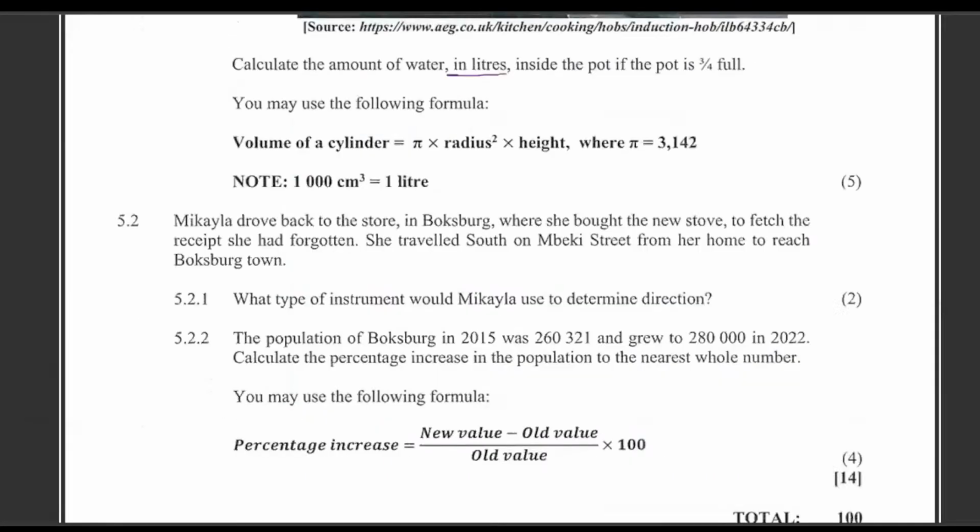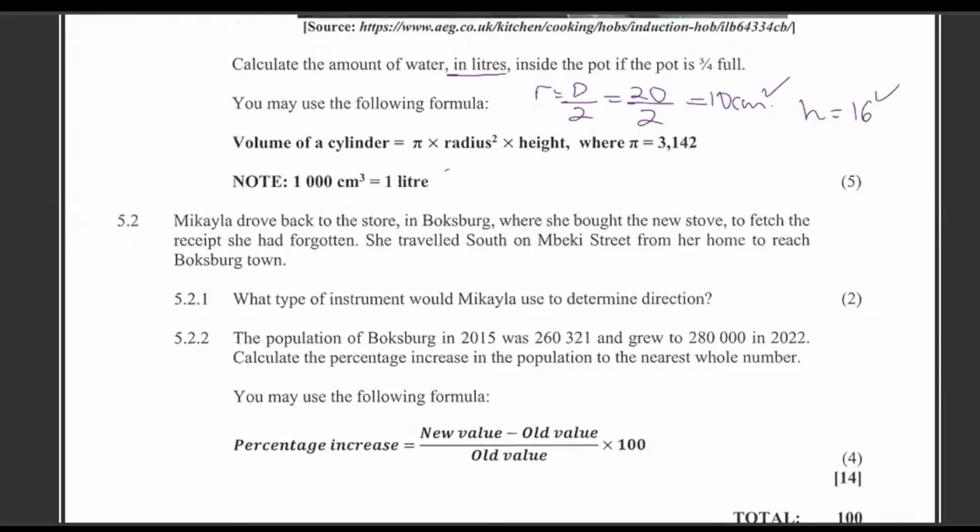So our radius will equal the diameter divided by 2, which is the 20 centimeters divided by 2. The answer became 10 centimeters. So good to go, we have our radius. The height is already in centimeters, which is 16. We have it.